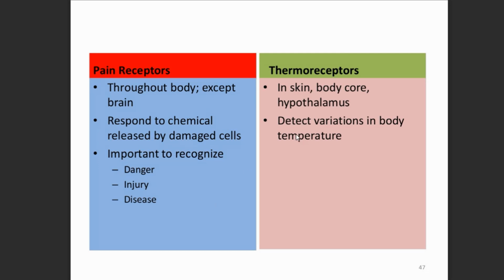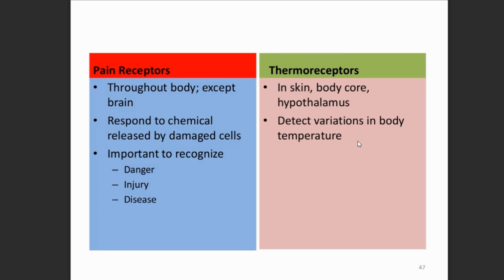The second one is the thermoreceptors. They are present in our skin, body core, and hypothalamus. They detect variation in our body temperature. In winter we feel cold, and the hypothalamus maintains our temperature.